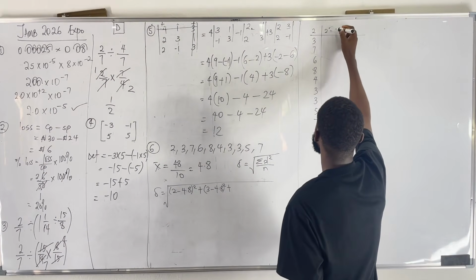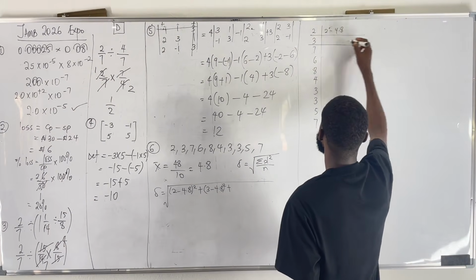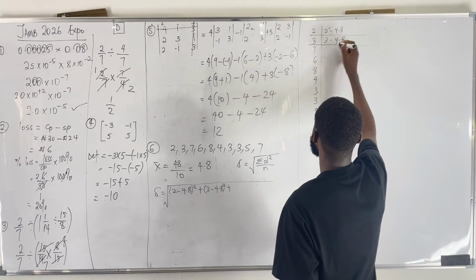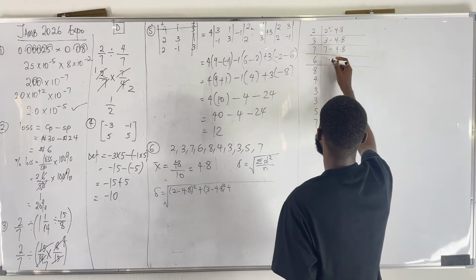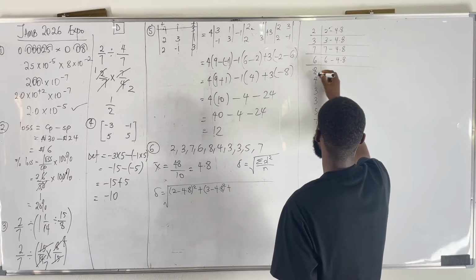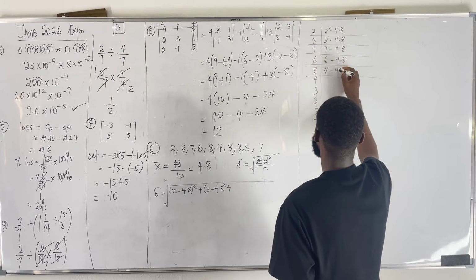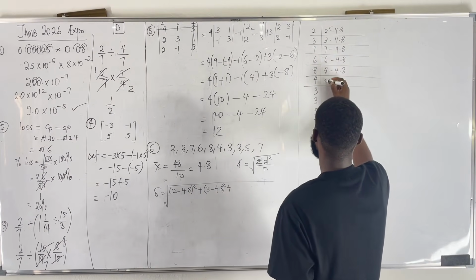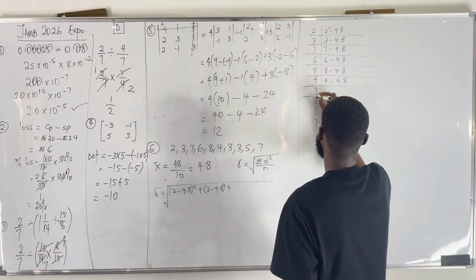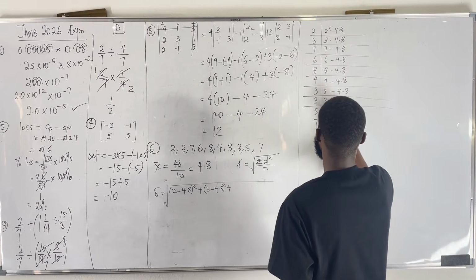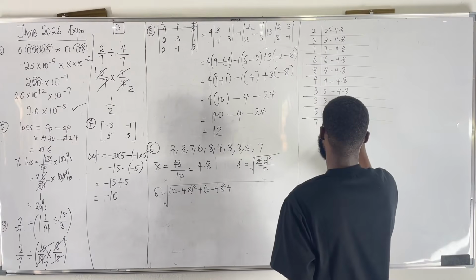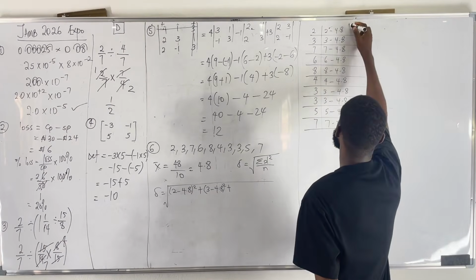So this will be 2 minus 4.8, 3 minus 4.8, 7 minus 4.8, 6 minus 4.8, 8 minus 4.8, 4 minus 4.8, 3 minus 4.8, 3 minus 4.8, 5 minus 4.8, and then 7 minus 4.8.